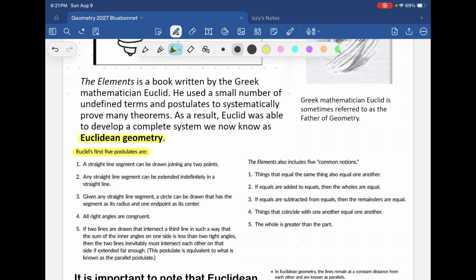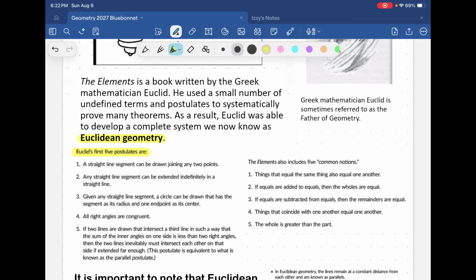All right angles are congruent, and if 2 lines are drawn that intersect a third line in such a way that the sum of the inner angles on one side is less than 2 right angles, then the 2 lines must intersect each other on that side if extended far enough. This postulate is equivalent to what is known as the parallel postulate.